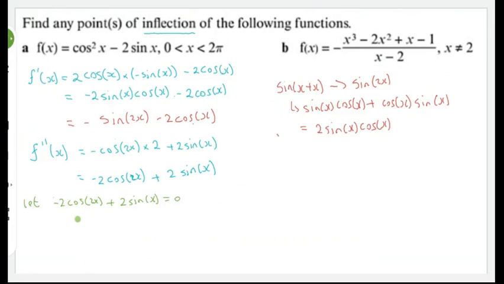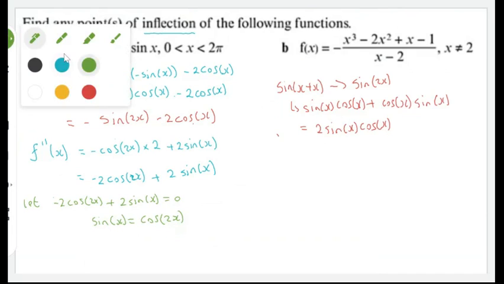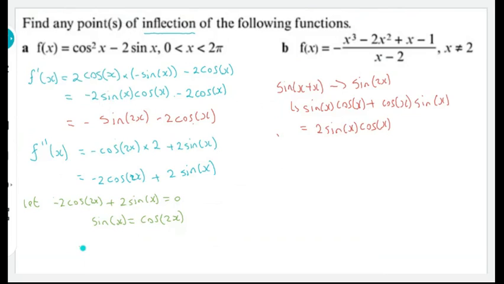So if I divide by 2, I'm left with minus cos 2x plus sine x. And if I add cos x to both sides, I'm left with sine x equals cos of 2x. Make sense? Yeah. Cool.